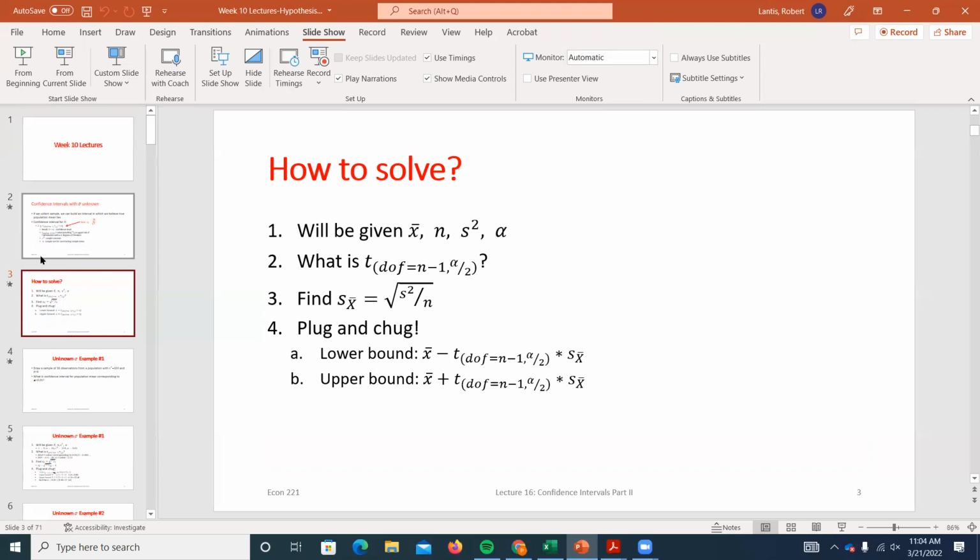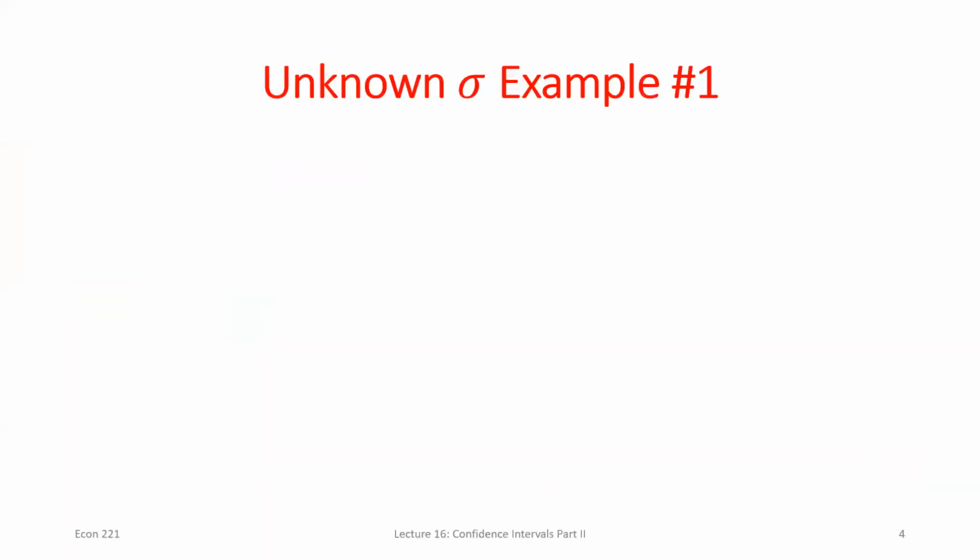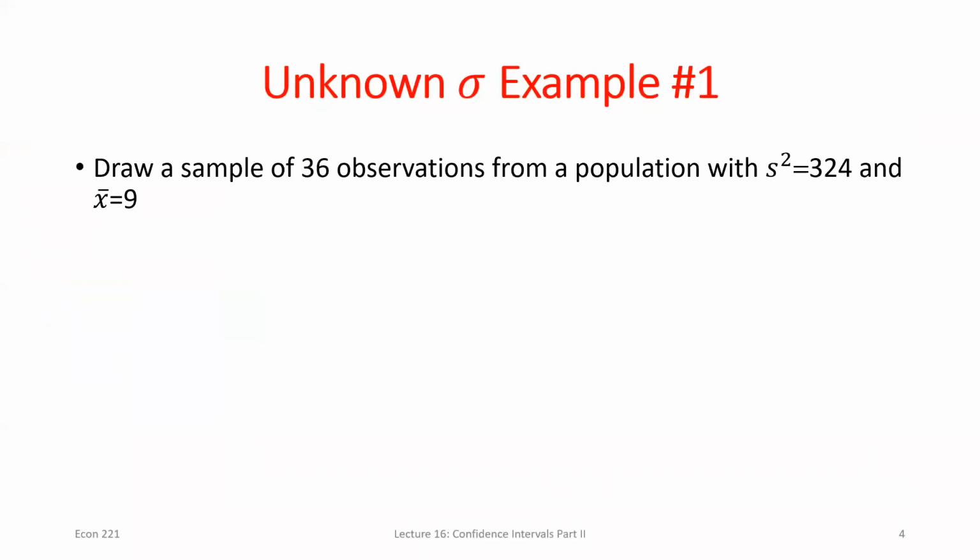Okay. So this first example, not a lot of context to it, but at least lets us see how these steps look and put some actual values in things. So we've got a sample of 36. I'm just going to write these down so when we go to the doc cam, I don't forget the values. We have a sample variance and a sample mean that we calculated from our sample of 324 and 9.